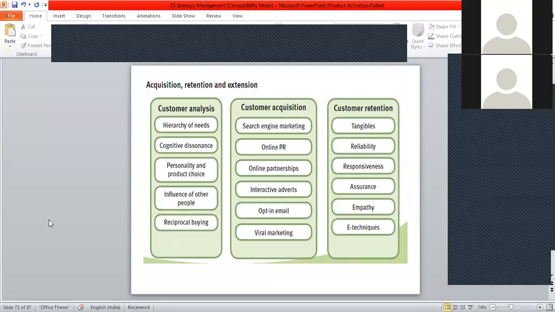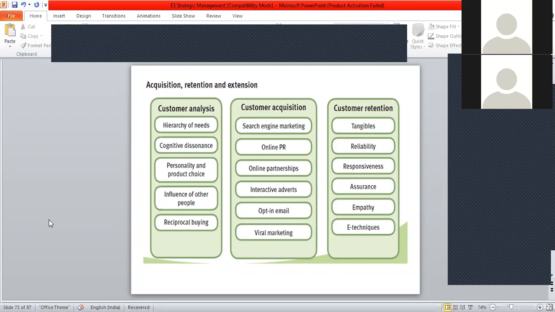Then we see reciprocal buying. Reciprocal buying is if the buying is among the business groups. So if the customer is another seller or a supplier, they can have an agreement of reciprocal buying. If they sell one product, they also agree to buy something from them.